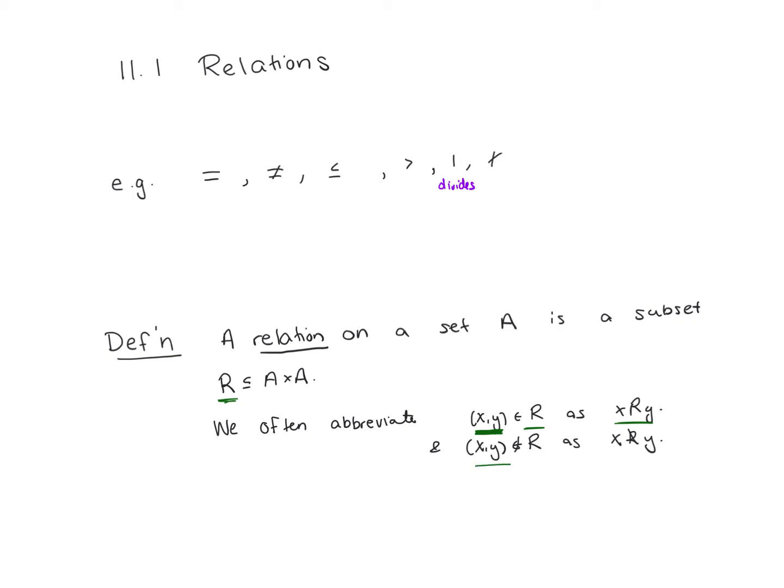And if X, Y is not in my relation, then I'd say X is not related to Y. So let's see why this definition corresponds with what we are used to thinking about in terms of the examples that we listed at the top.